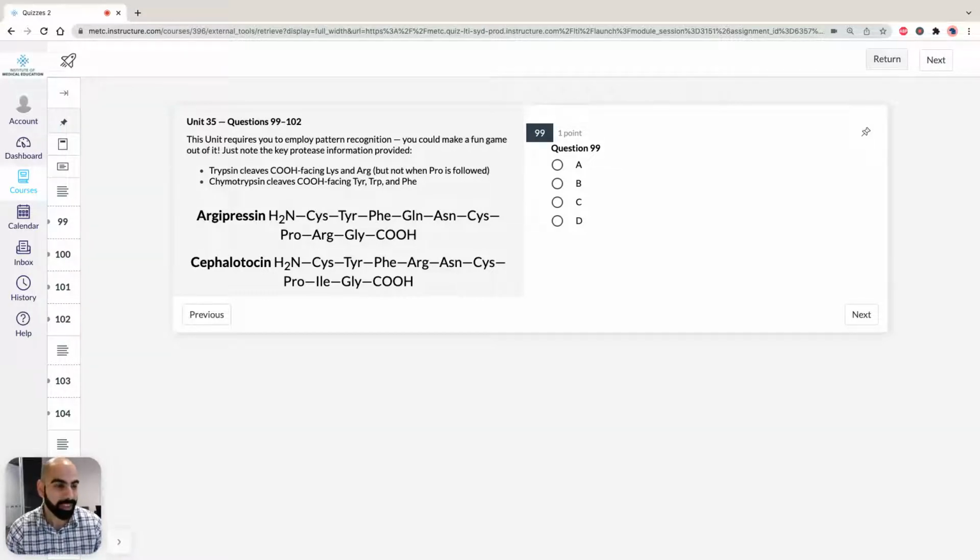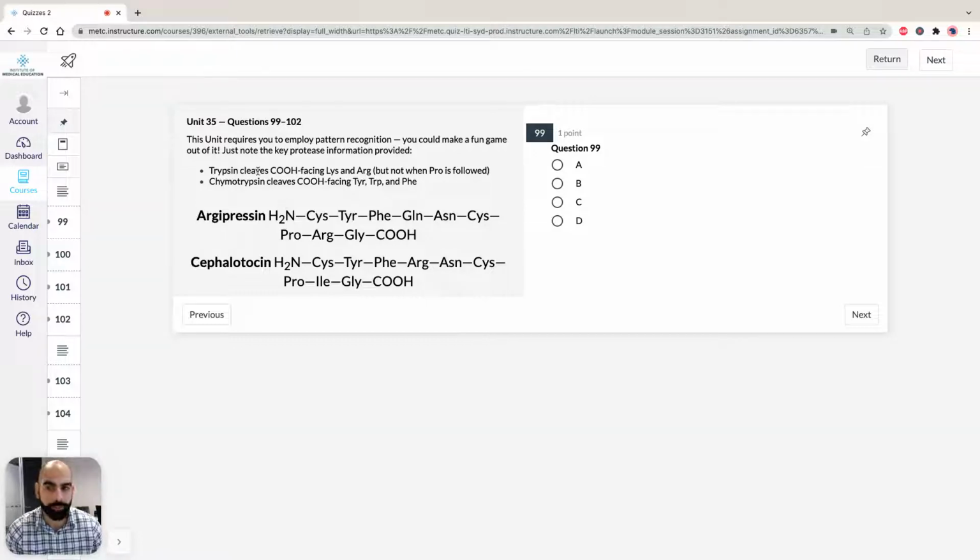If you have a quick glance at the questions, you really only need to know the orders of the amino acids for argipressin and cephalotocin, and pretty much the enzymes trypsin and chymotrypsin and what they cleave.